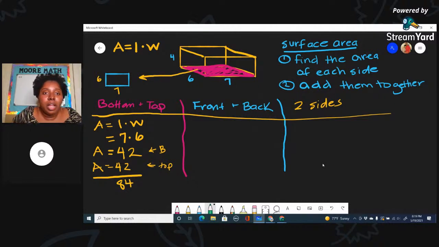Let me use green. All right. So here it is. So we have this front part right here. Got another rectangle. And what's my length? 7. Excellent. So we have length times width. We have 7. And then what's this right here?